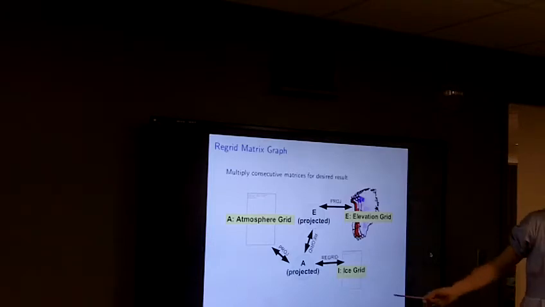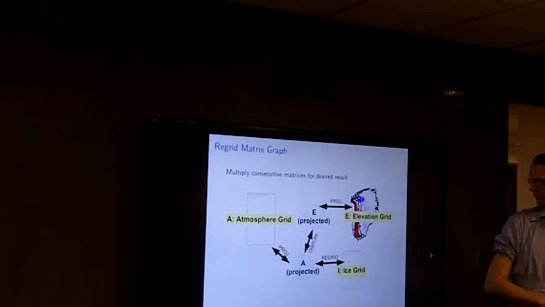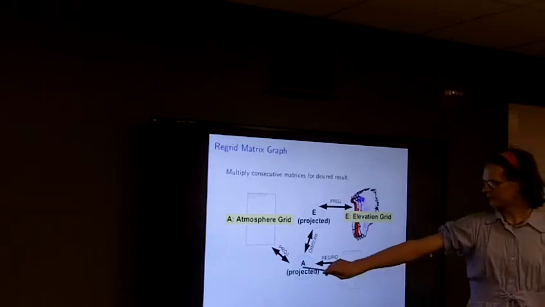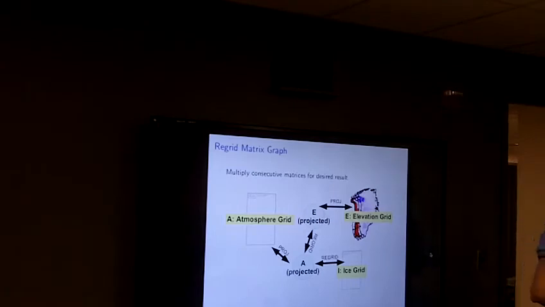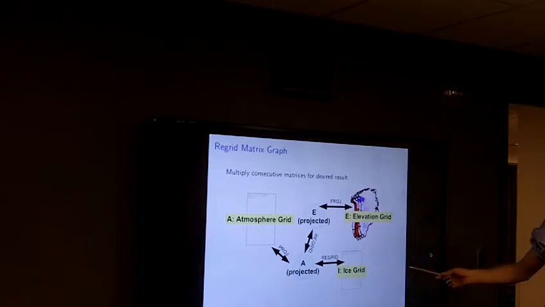So we solve that problem by introducing two more grids, the projected atmosphere grid and the projected elevation grid. So we're projecting our GCM grid cells onto our Cartesian plane, and then we can take inner products. Or we could have projected the other way, but geometry on a sphere is harder.